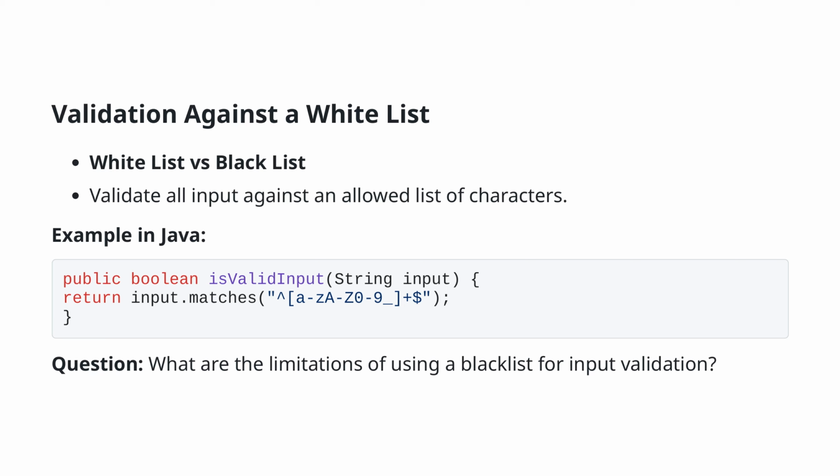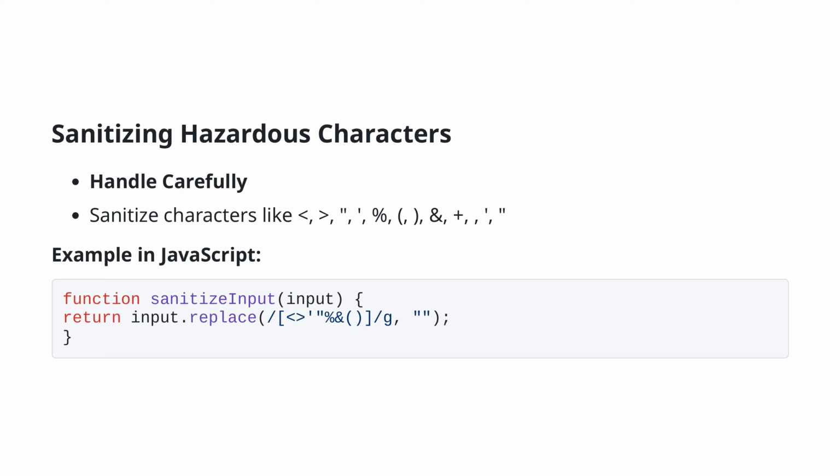Up next, we will discuss how to sanitize hazardous characters to further enhance input safety. On this slide, we focus on sanitizing hazardous characters to prevent security vulnerabilities, such as cross-site scripting, XSS, and SQL injection attacks. It's crucial to handle characters like single quotes, double quotes, and plus carefully, as these can be exploited by attackers. For instance, in JavaScript, you could sanitize an input by using a regular expression to remove these characters.